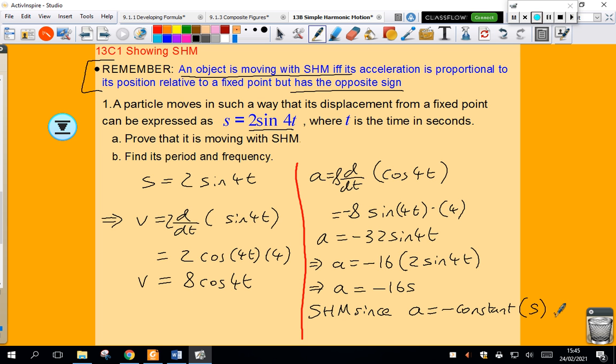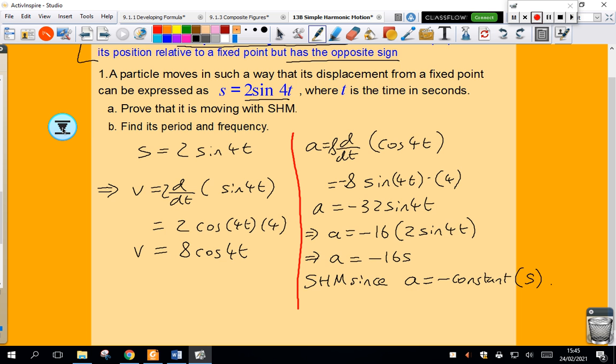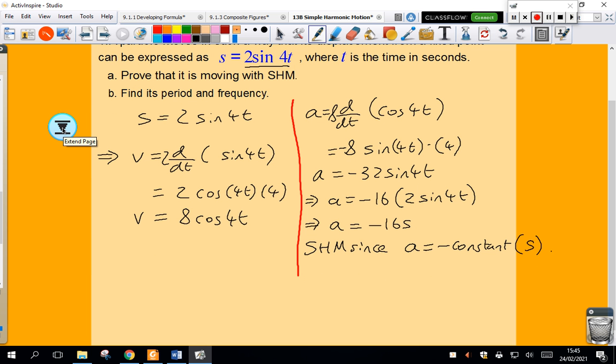It also says find its period and frequency. So from our tables, page 54, we know that period is always written as 2 pi over omega. What's omega? Omega is the coefficient of t in the argument here. So here omega is 4.